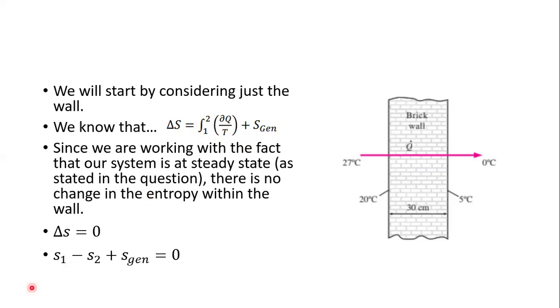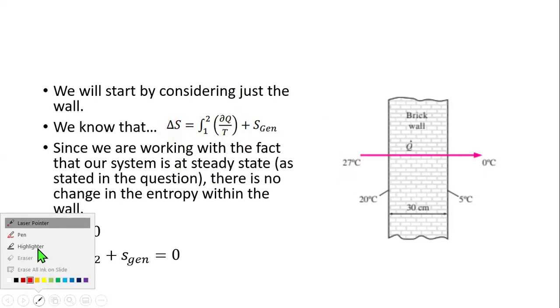Remember that we said entropy is going to be dependent on the heat and then the temperature, right? Now, if we are at steady state, it means that at every point in time, there's not going to be a change in the heat at every location. And the temperature there is also going to be fixed. So the change in entropy at the end of the day would have to be equal to 0. So because it is at steady state, this change in S is equal to 0.